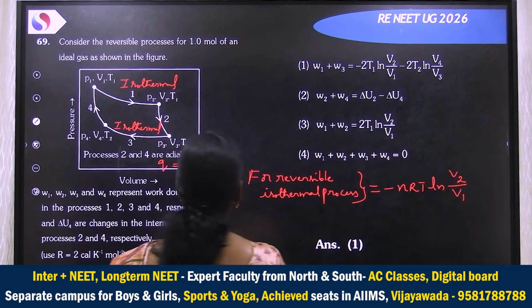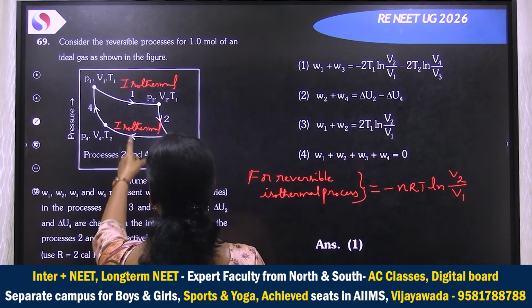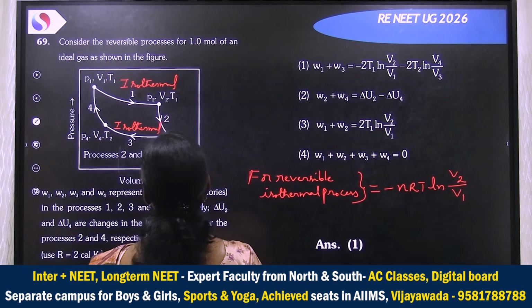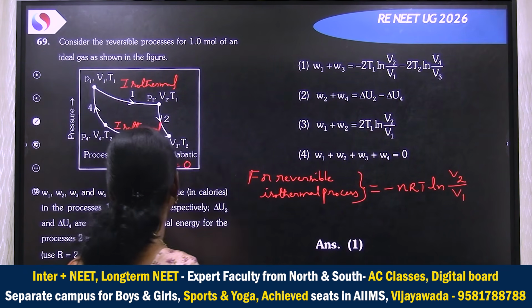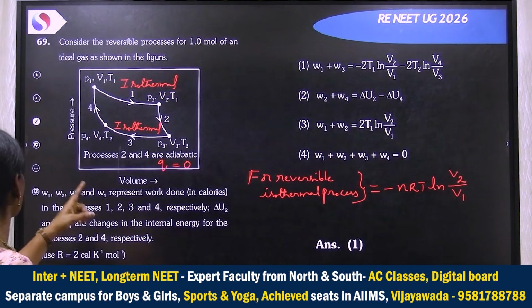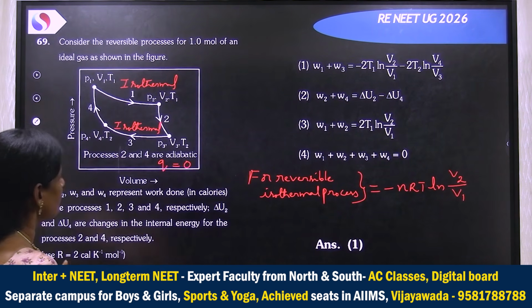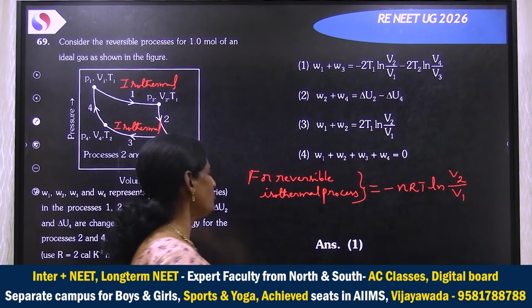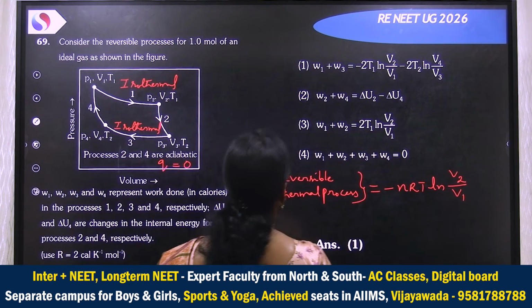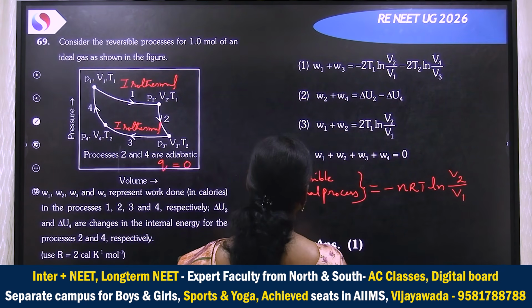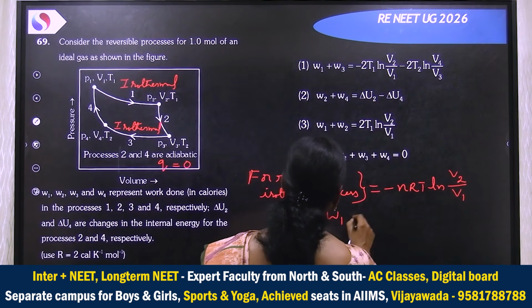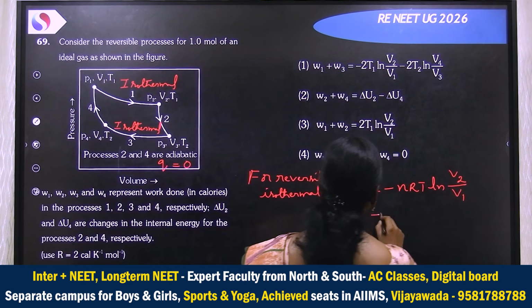First and third processes are isothermal processes. So for these we have to find W1 and W3, the work done. Work done in the first isothermal reversible process: W1 equal to minus n R T ln V2 by V1.